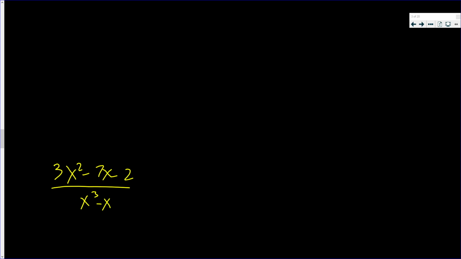So what we want to do is factor the denominator. Can clearly factor out an x, so then I'm left with x squared minus 1. But I can factor that further: x plus 1, x minus 1.